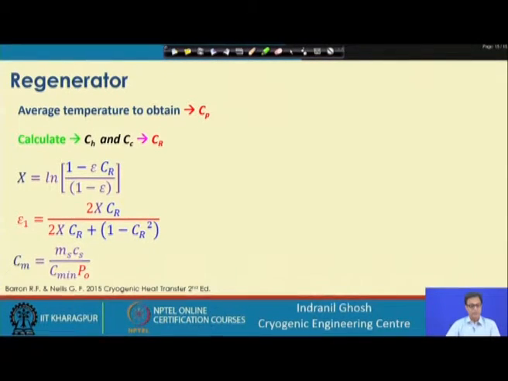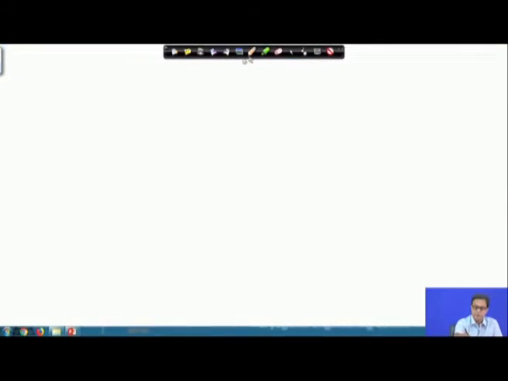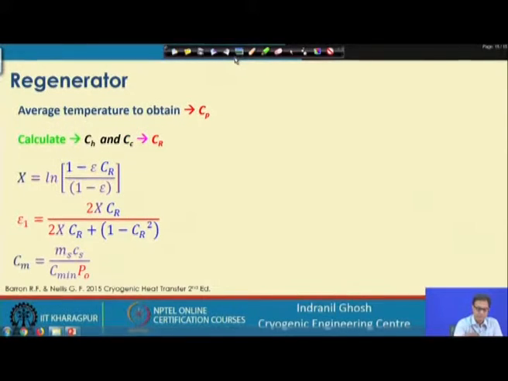But please note that for this parameter we need to know the mass of the regenerator and the specific heat of the regenerator, but unfortunately this is one of the parameters that we are trying to find out. So, we have no idea about this CM.